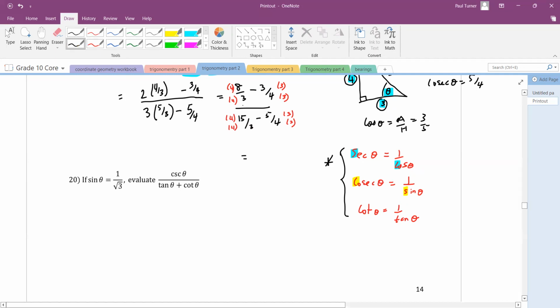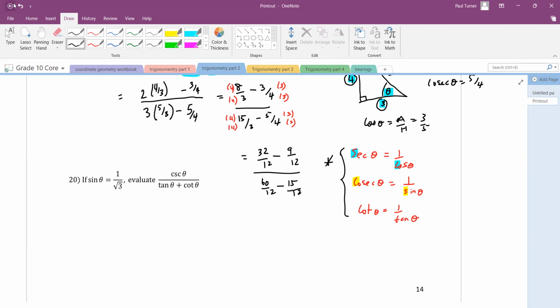So we're going to get 32 on 12 minus 9 on 12, over 60 on 12 minus 15 on 12. You see, all without a calculator.